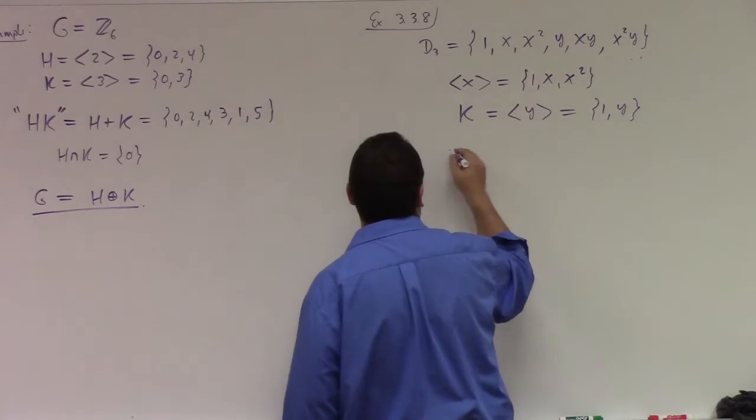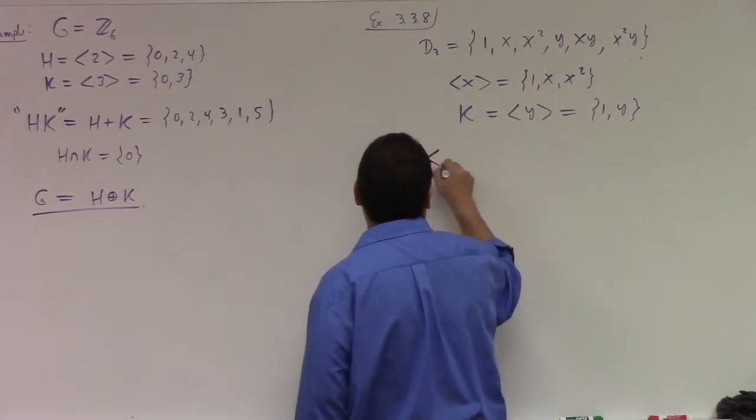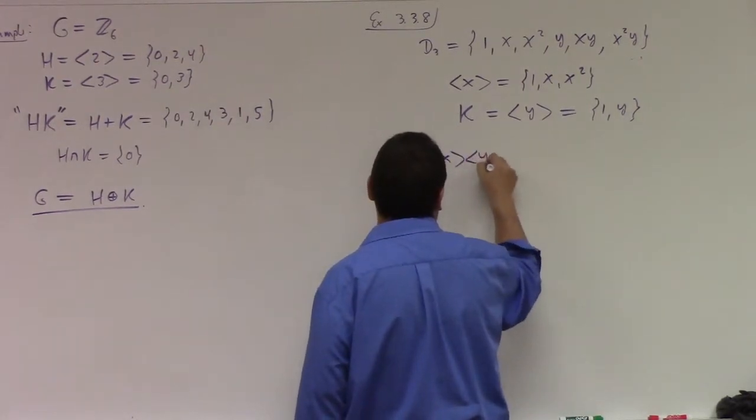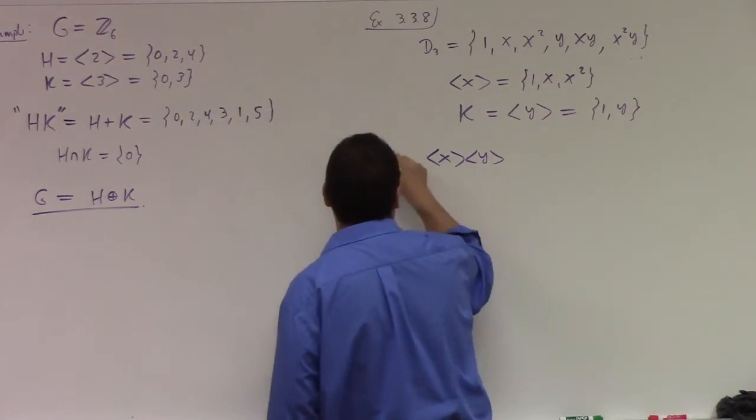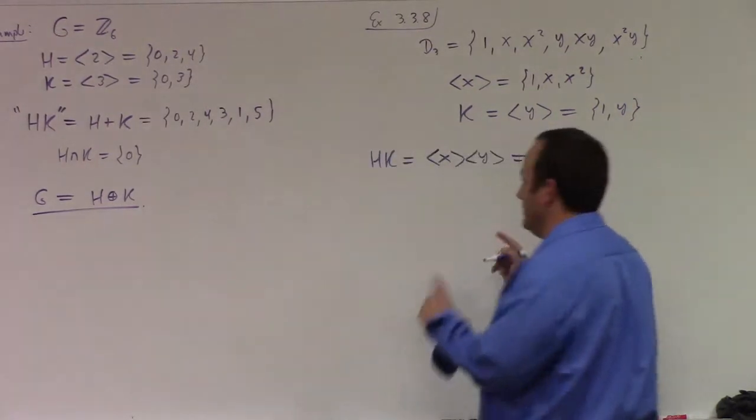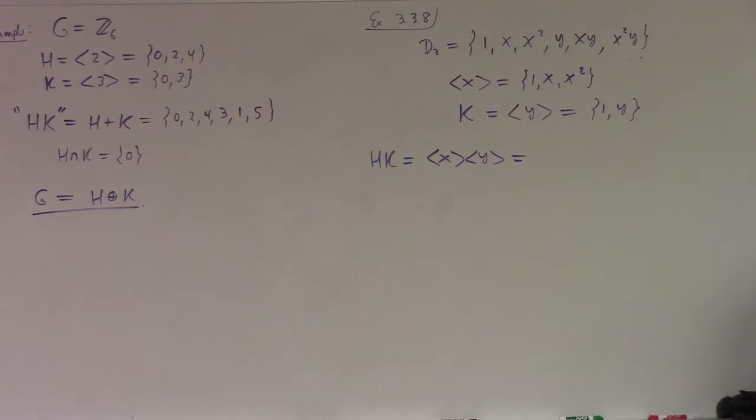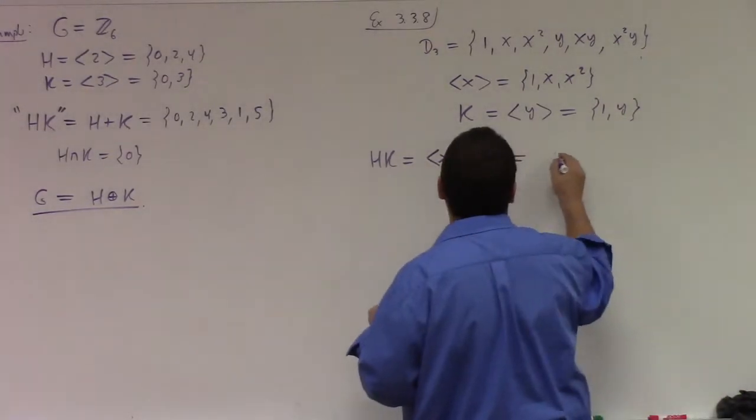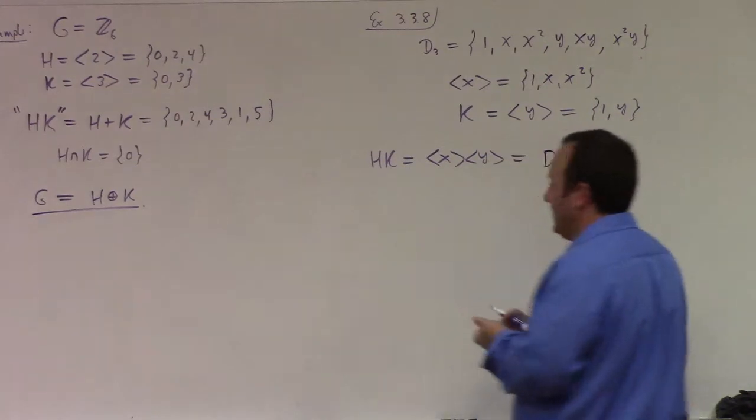Actually, this is pretty obvious that if we take the product of the x subgroup and the y subgroup, in other words, H times K, if you think about what that means, that's all possible products of powers of x times powers of y. That's D3, right? So certainly the product of these two subgroups is D3 again, right?